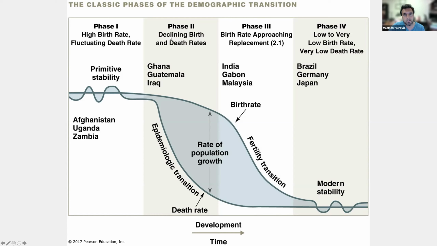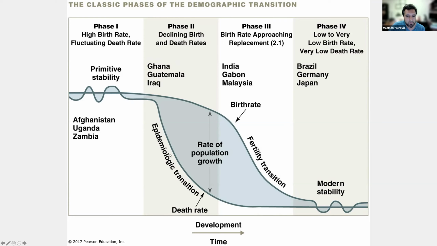Phase two is characterized by countries that experience declining birth rates and also declining death rates. Some examples of countries that fall into this category are Ghana, Guatemala, and Iraq. So here you see the birth rates start to decline, as you get into a fertility transition from high birth rates to low birth rates.